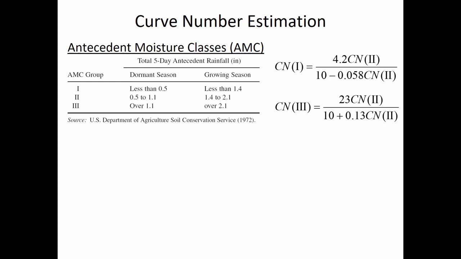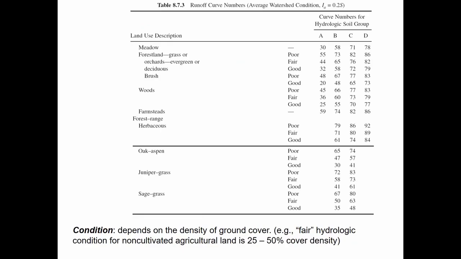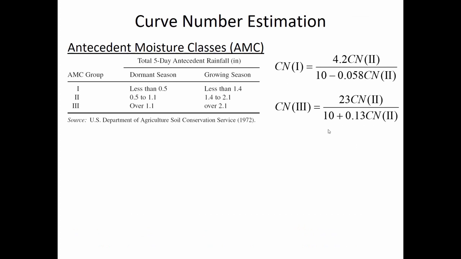So these baseline tables are for curve numbers in type 2 conditions, and type 2 is just the antecedent moisture group that's in the middle. And so that means that during the dormant season, for instance now, when the crops aren't growing, we'd expect the rainfall totals during 5 days would be from 1/2 inch to 1.1 inches.